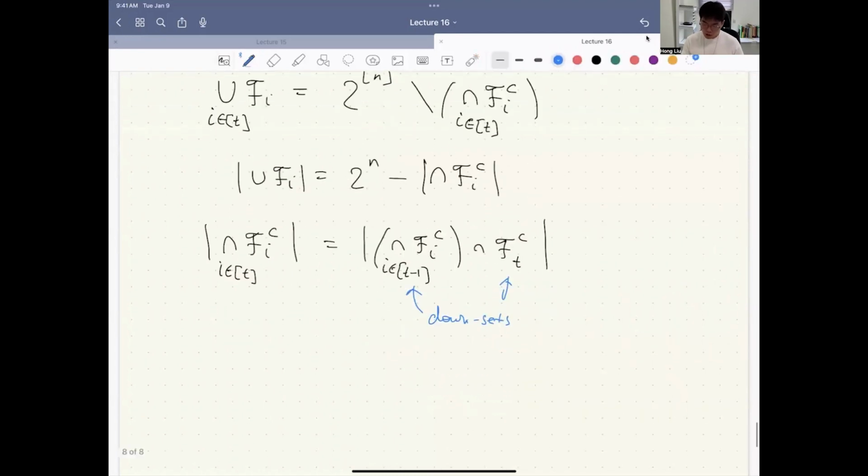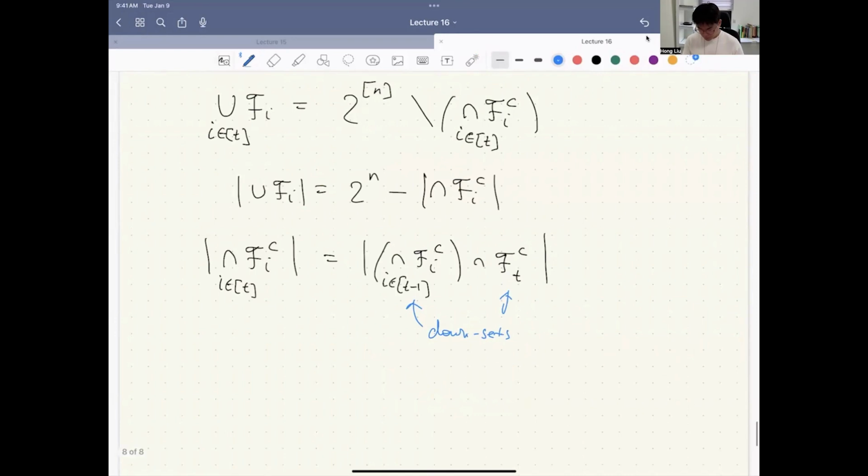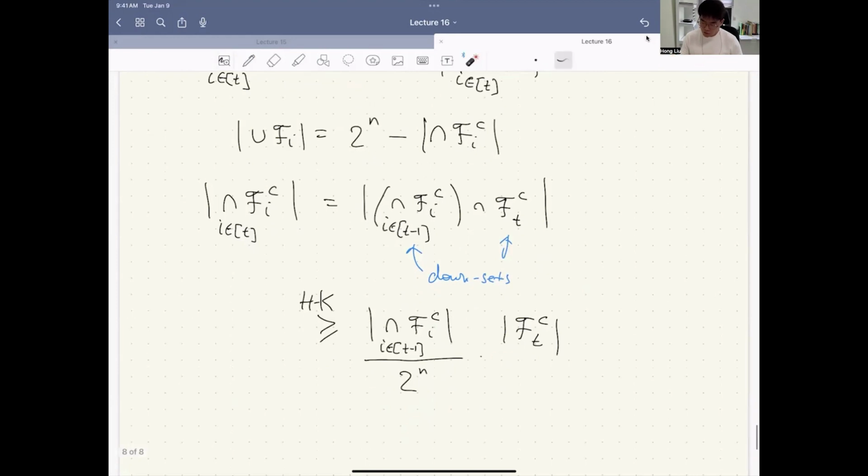So here, by Harris-Kleitman, this is at least, we should have 2 to the n times the product of FiC, i in t minus 1, divided by 2 to the n, times FtC divided by 2 to the n.